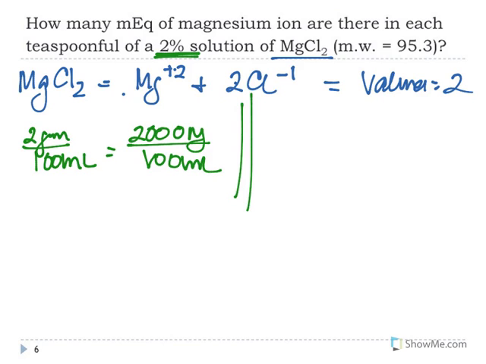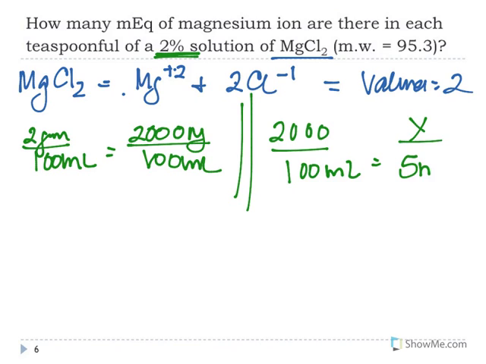Well, if we only have 5 mils though, then it's a simple ratio. 2,000 over 100 mils equals how much over 5 mils. And so we solve that, we have a total of 100 milligrams per teaspoon.